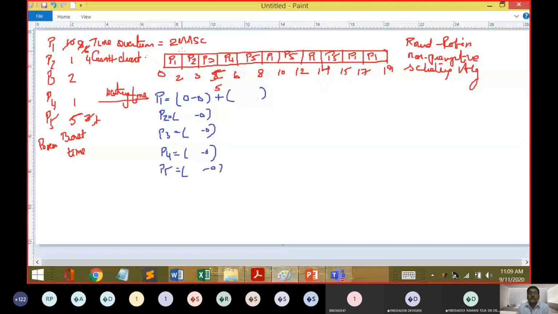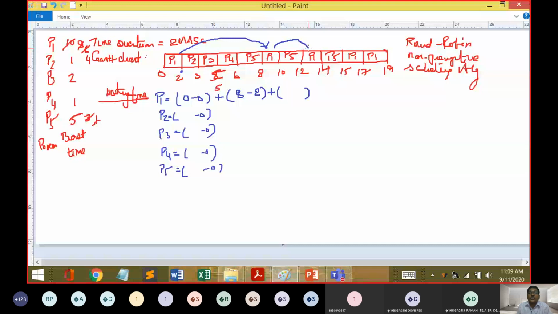Therefore, now you have to subtract 2 when it has completed this, and it got an opportunity at 8. Again P1 got a chance at 12 and it had ended at 10.